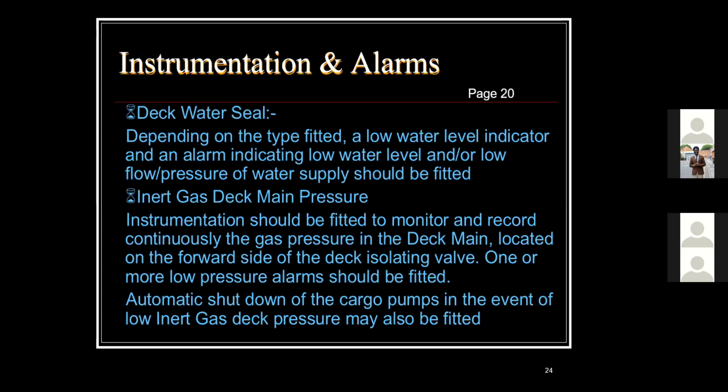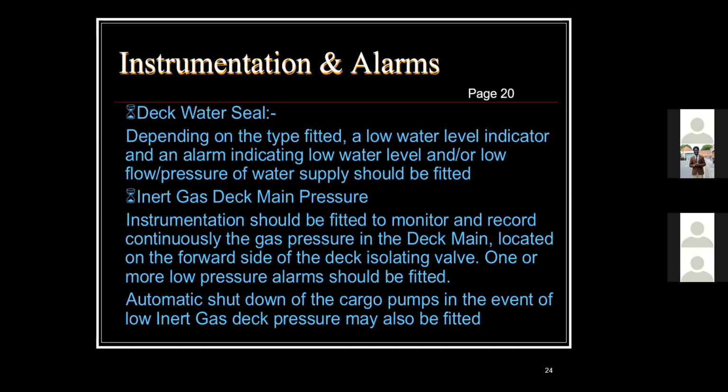It all depends on the configuration of your ship, so it's very important for you to know your ship. But these alarms are generic and tend to be homogeneous among all tankers. The only difference might be the settings, which, like I say, are very, very important.